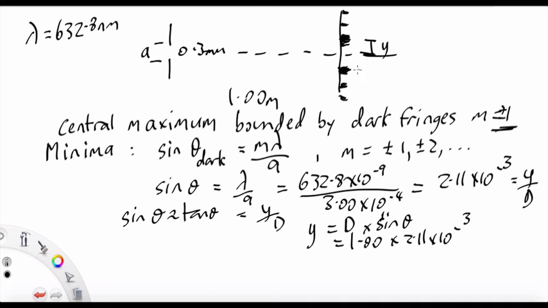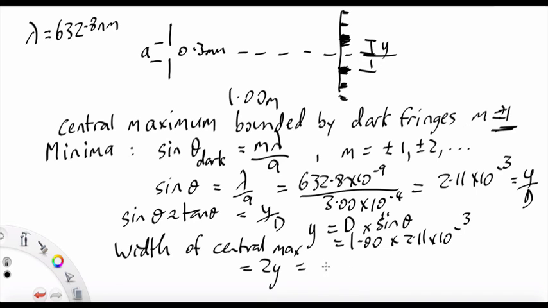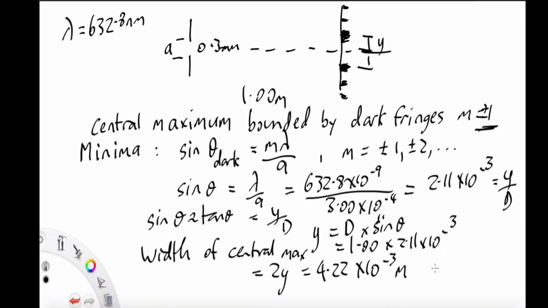So the width of the whole central maximum equals 2 times that. So that is 4.22 times 10 to the minus 3 meters. So 4.22 millimeters.